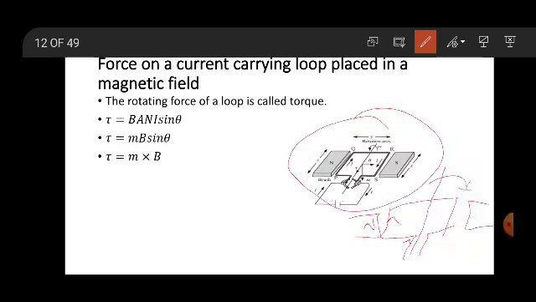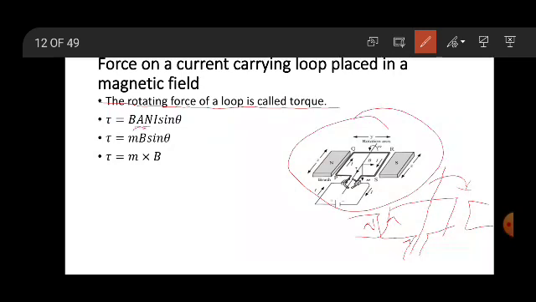Now, the force on the current carrying loop, because it is rotating, the force in a rotating object is called torque. That's what we have here, that the rotating force of a loop is called torque. And what is torque? I use this to remember very well: BANI sin theta. B is, of course, the magnetic field. A is the area of the loop.